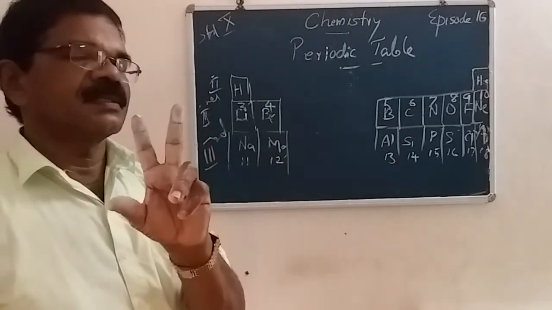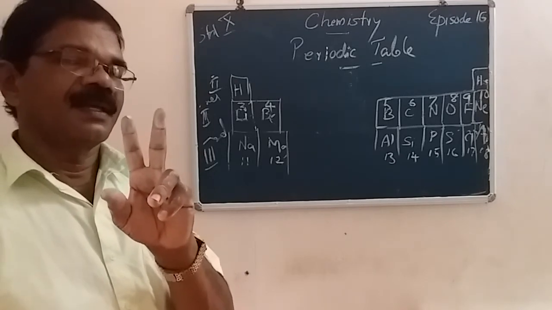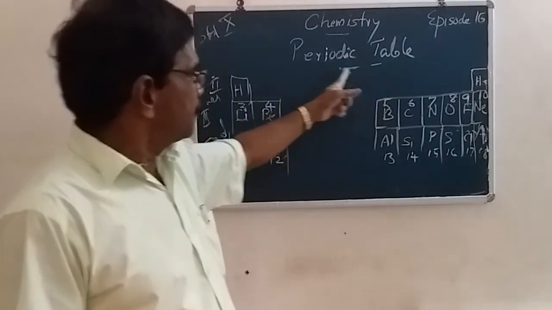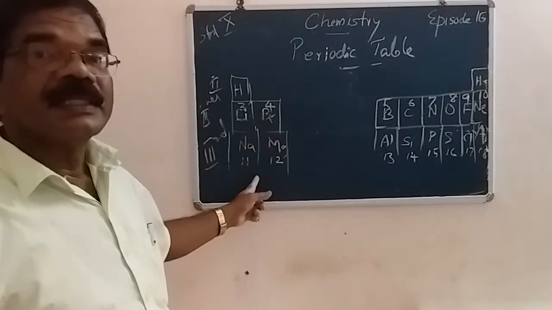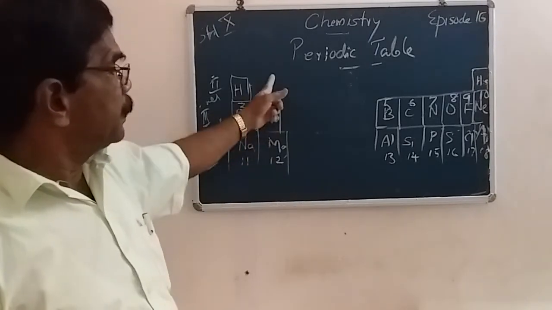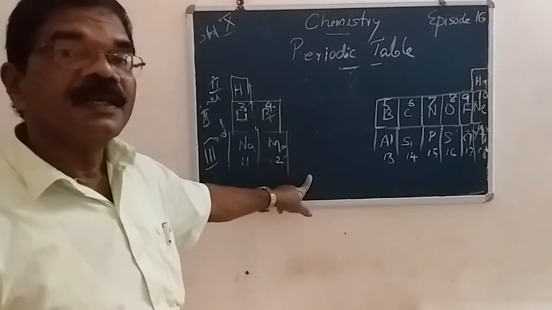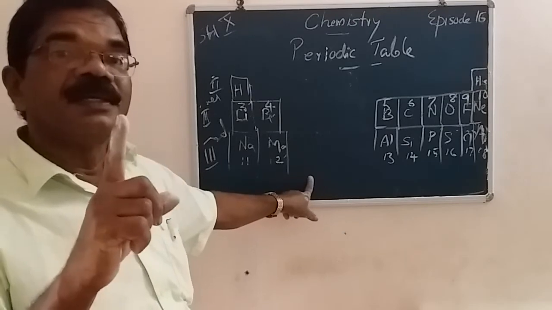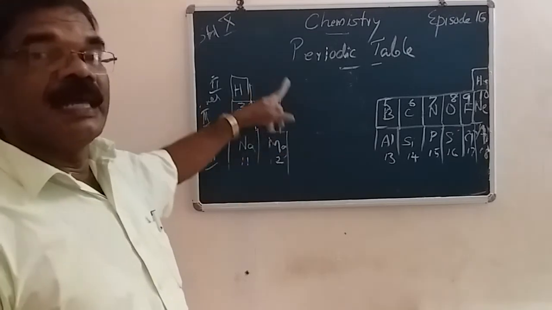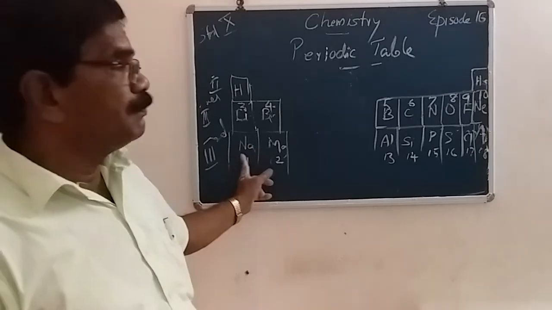Then there are two things you must bear in mind. In a group from top to bottom, the size of the atom increases. Why? Only a single answer: the number of shells increases. Then the second question: in a period, how does the size of the atom vary from left to right?